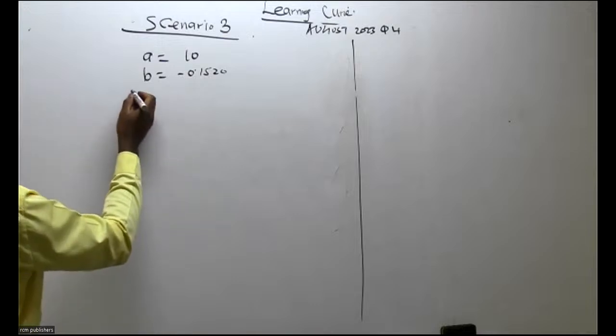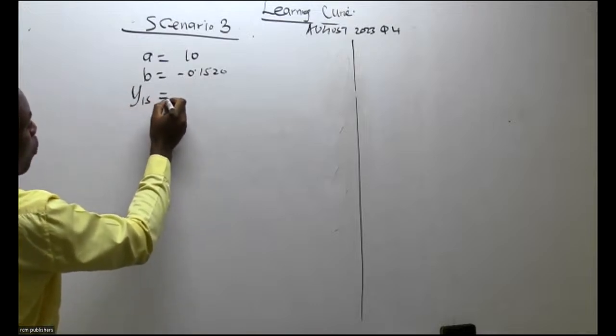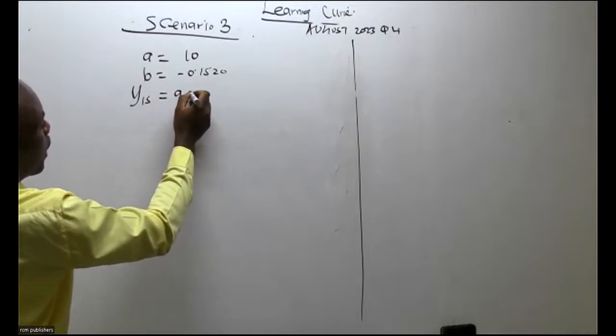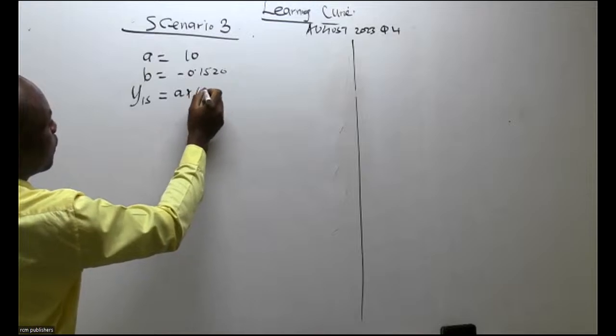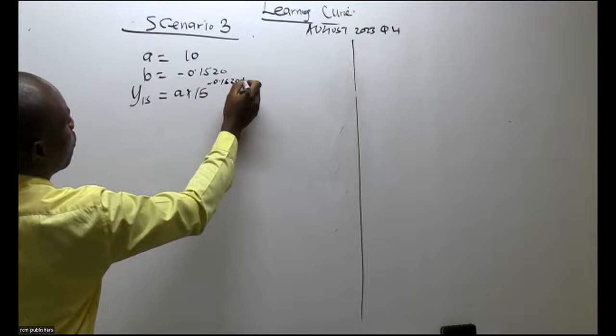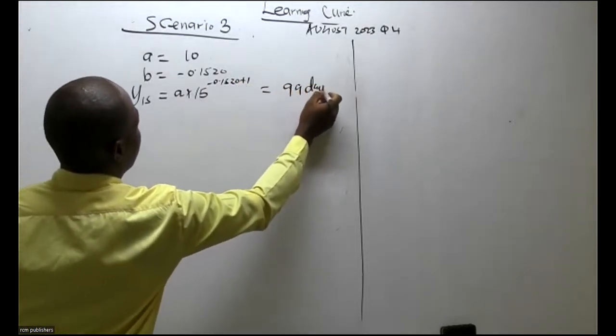Then our Y at 15 is equal to A times X, which is 15, raised power negative 0.1520 plus 1. This one was giving us 99 days. I believe you can remember.